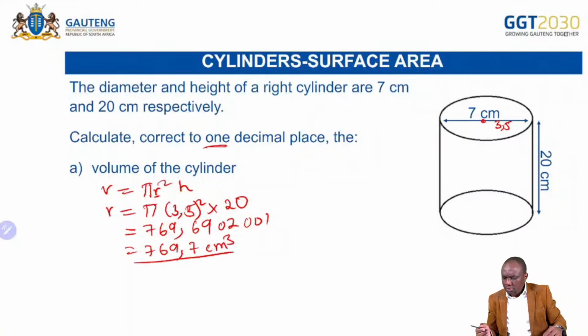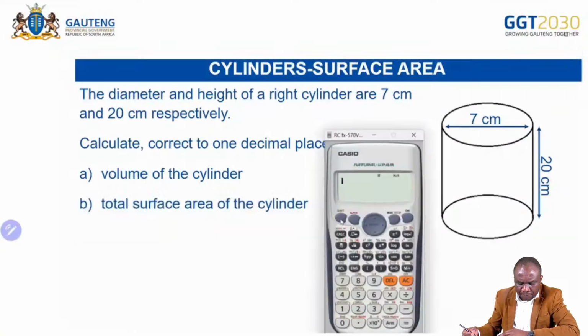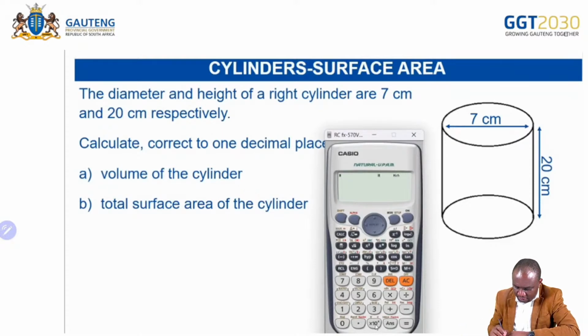Right, you have to use pi in the calculator. Let me show you how to use the calculator. So you go to your calculator, and then you press shift, and in the last part there, you see your pi, and that's your pi. And then we have our 3,5 squared. You enter your 3,5 squared, and then times the height of the cylinder.